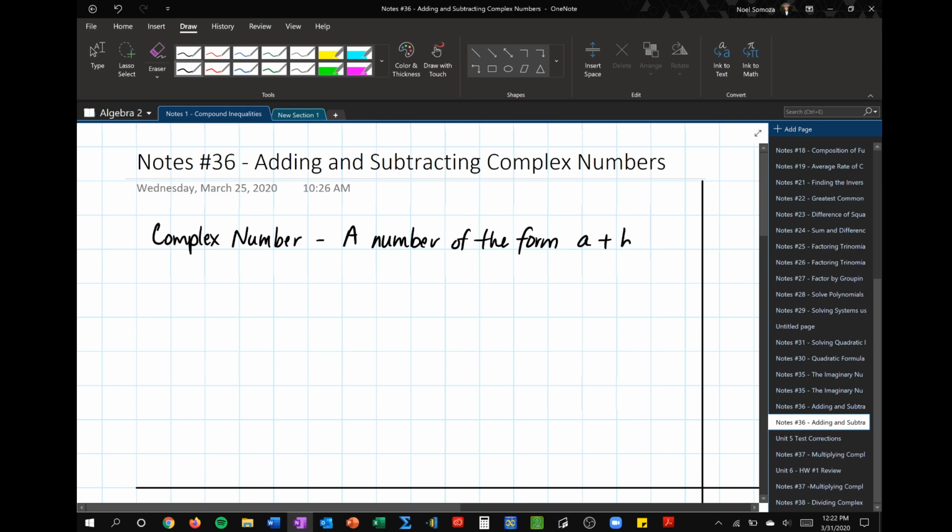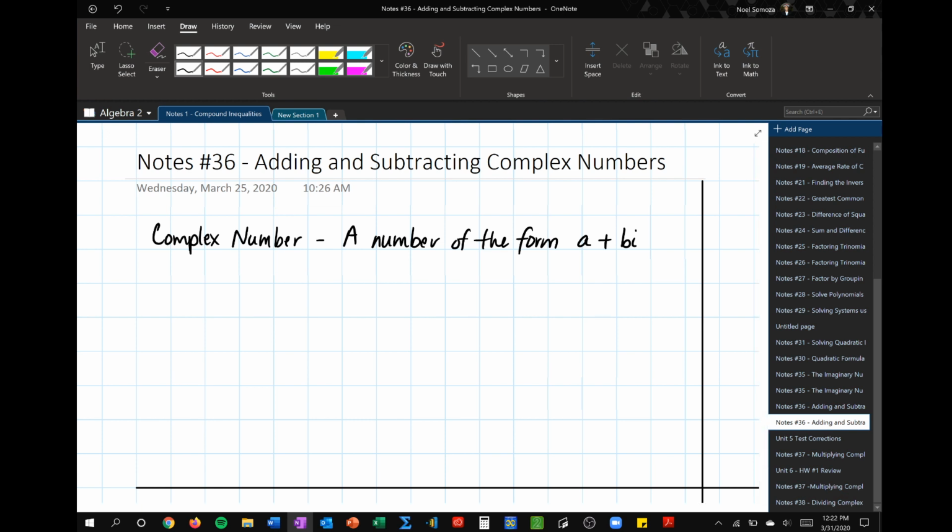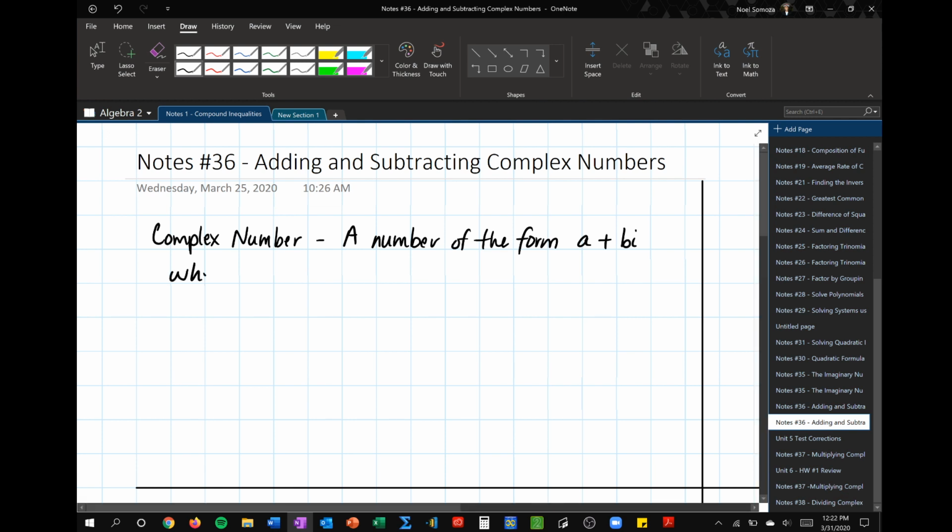a plus bi. The complex number has these two parts, where a and b are real numbers, meaning that any number could be substituted in there.